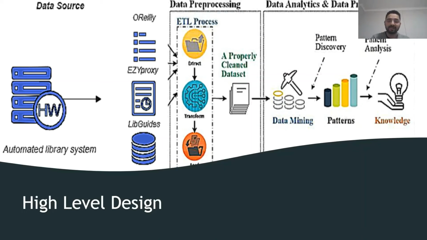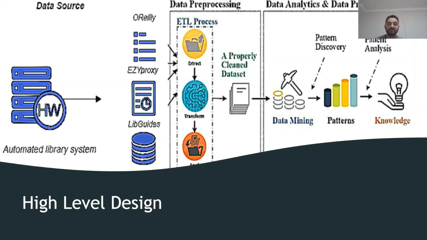So the high-level diagram of this project looks like this. On the left we have MIT's library, which is already automated. We also have different resources for our data, which are O'Reilly, EZproxy, LibGuides, and two or three more.